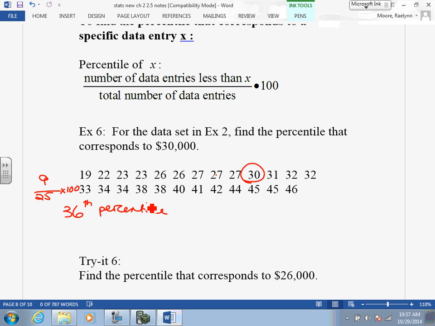SAT scores are great for percentiles, because colleges will automatically weed out, like, I only want the top 10 percentile. When we discuss Z-scores, we figure out the exact score that they look at. They say, I don't want anybody less than this, and they give us a percentile. We use area under the curve to do that, and we can figure out the exact cutoff.